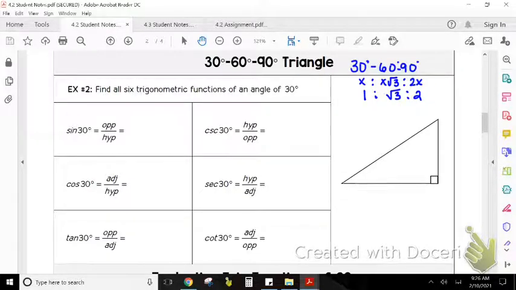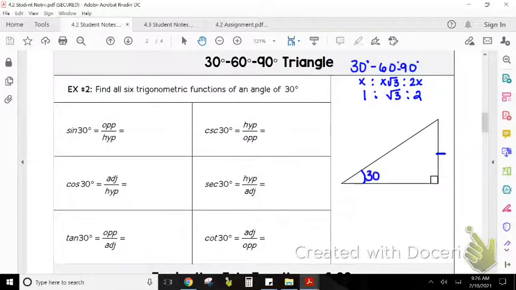Now, the difference here, unlike on the 45, 45, 90, is we have two different angle measures here. And so you've got to decide which one is going to be your 30 degrees. Remember, though, your smallest angle is always across from the smallest side. So if we find our smallest side, which is this one, the smallest angle is going to be across from it.